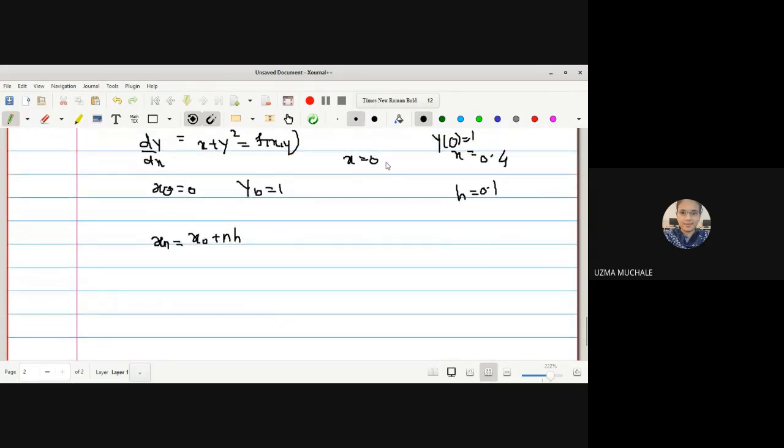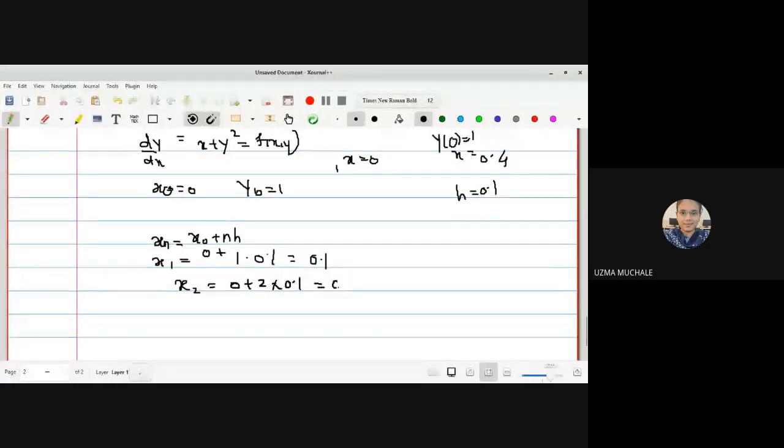What we mean by using this, from x equal to 0 to 0.4, is first we have to find out what is x1. X1 can be found with the help of x naught, which is 0, plus n, we are using 1, into 0.1. That means the value of x1 is 0.1. Similarly, I can find x2 is equal to x naught, again 0, plus 2 times h. What is the value of h? 0.1.